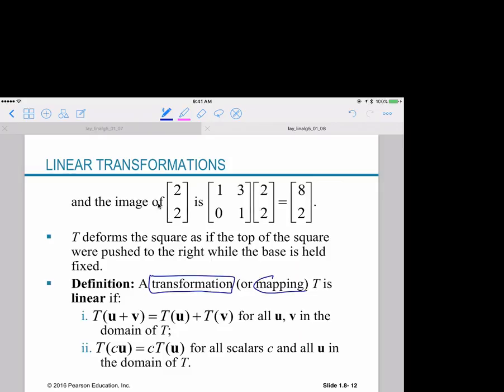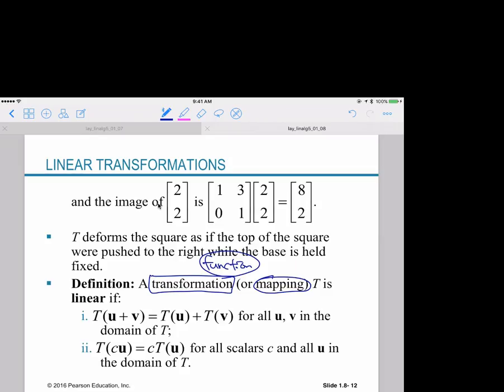A transformation, mapping, or function can be either linear or non-linear. Among so many functions, they are split into two categories depending on whether they are linear or non-linear.